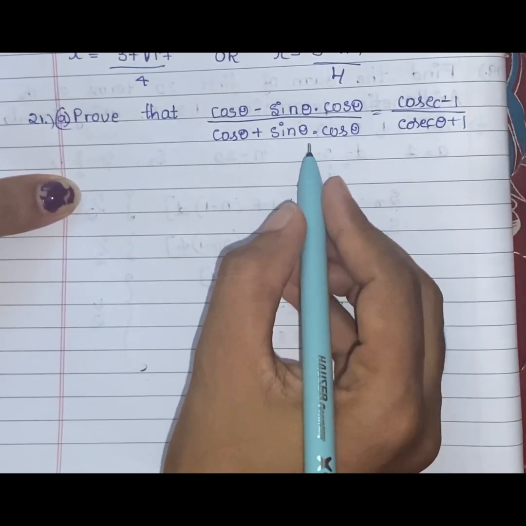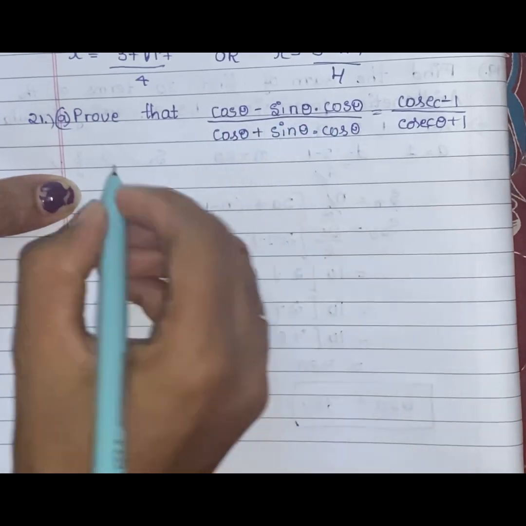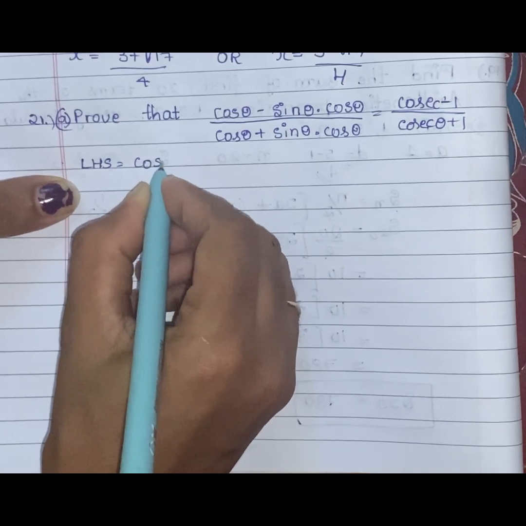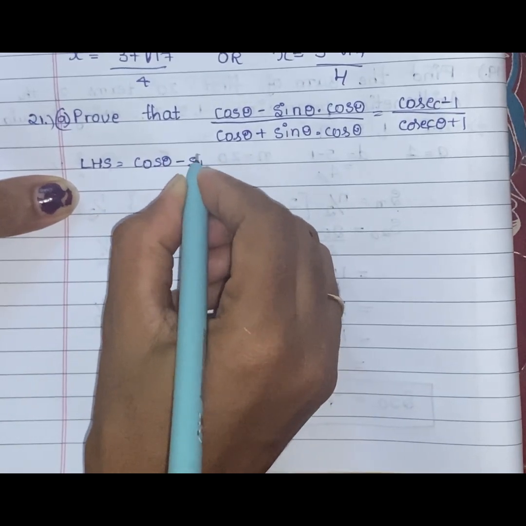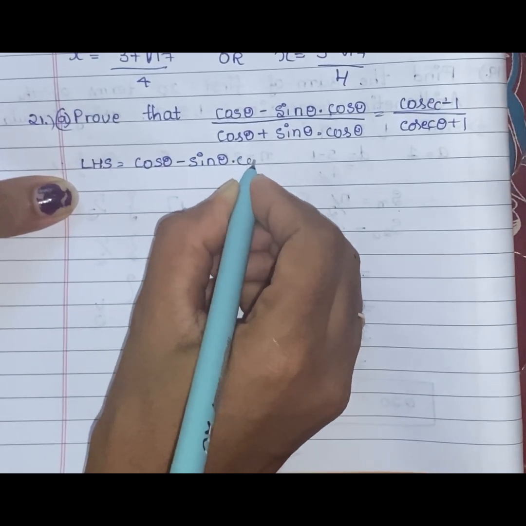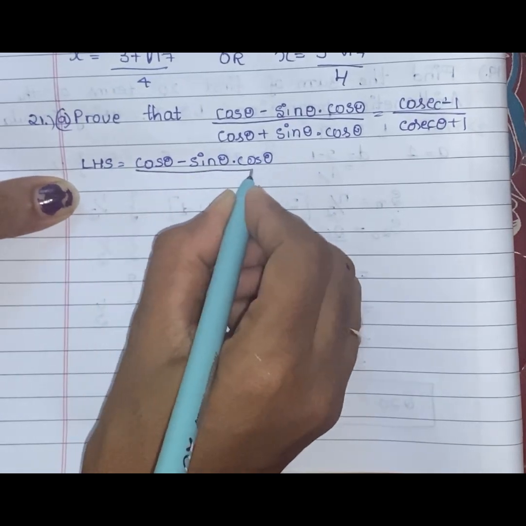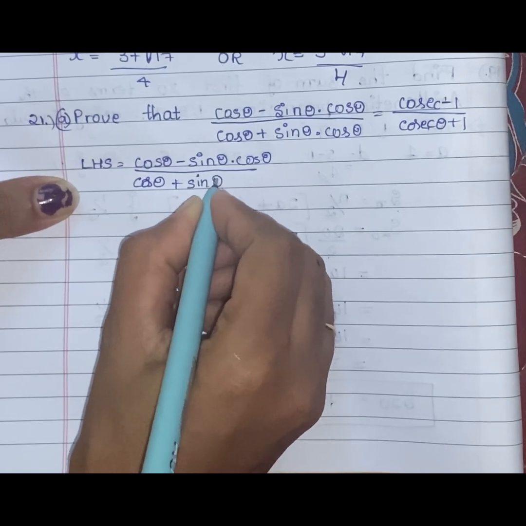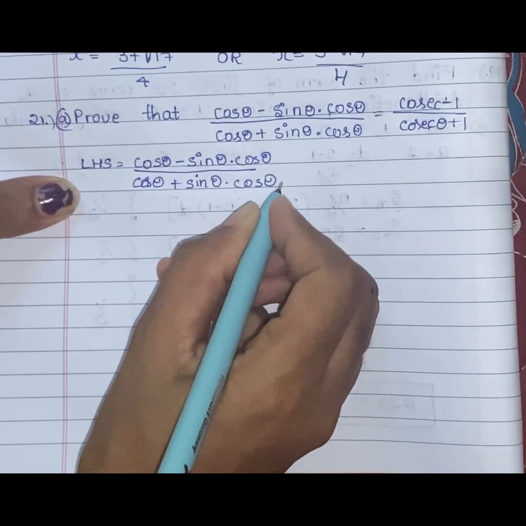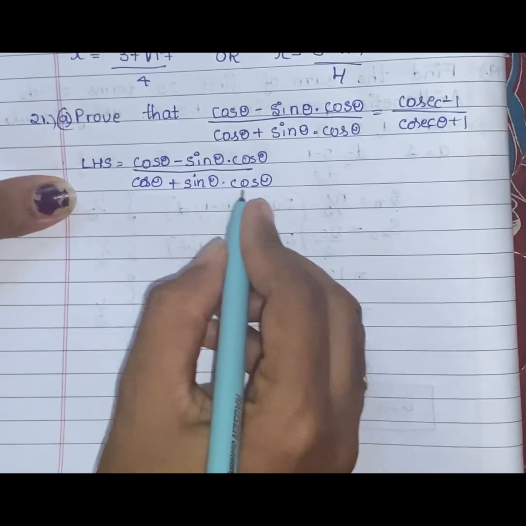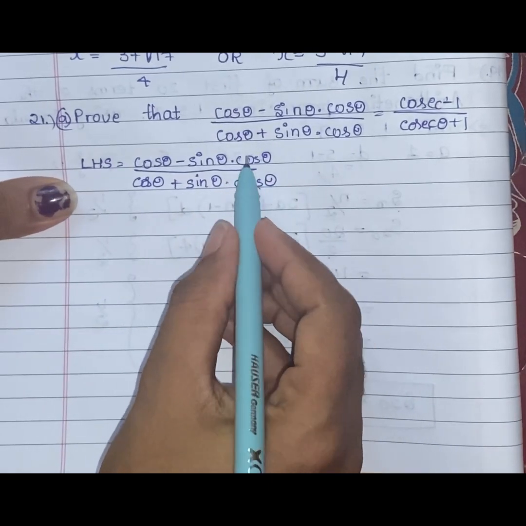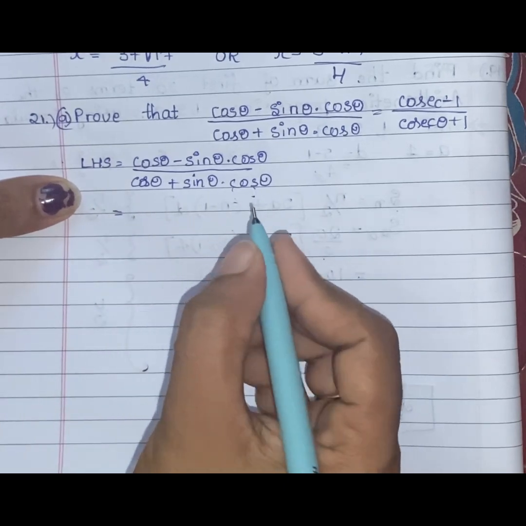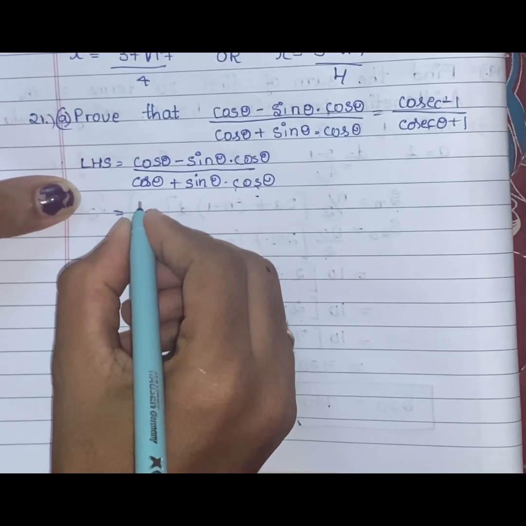So here in this equation, I'll just take the LHS part. LHS is nothing but cos theta minus sin theta into cos theta divided by cos theta plus sin theta into cos theta. Okay, in this expression you can see that cos theta is common in both terms. So you just take cos theta out of the bracket.